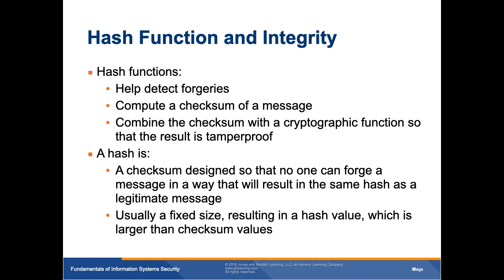You can always rehash the contract, and it should equal the original hash, and it'll prove that the contract hasn't changed. If you change even a space or a letter in that 10-page contract, you would get a completely different hash value, and thus the contract is not the original contract.